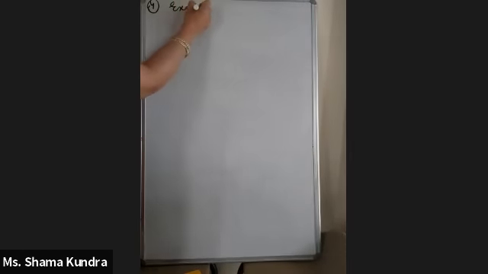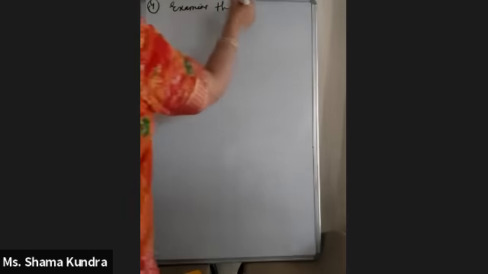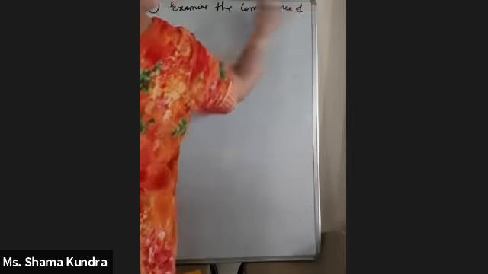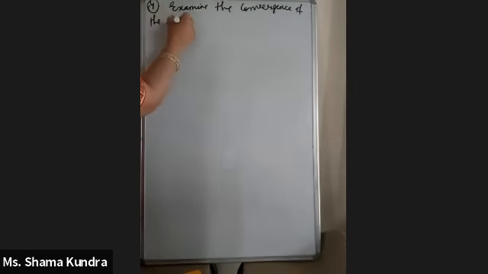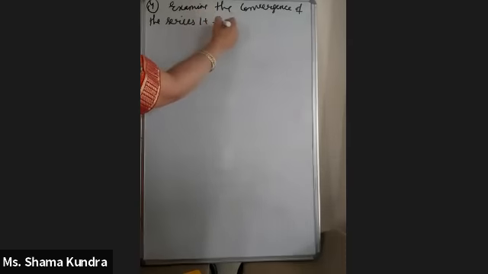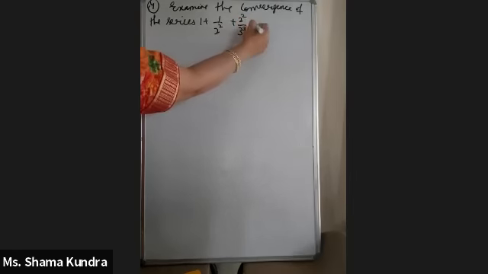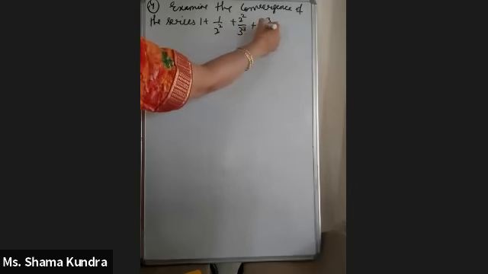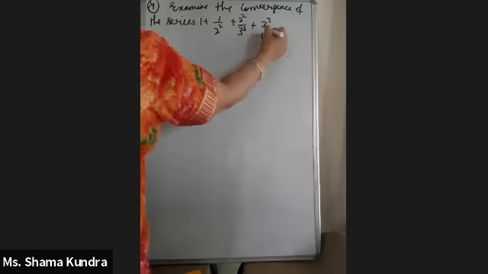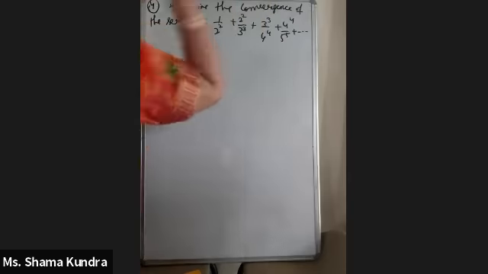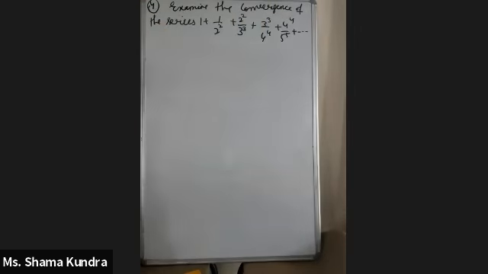Examine the convergence of the series 1 plus 1 by 2 square plus 2 square by 3 cube plus 3 cube by 4 raised to power 4 plus 4 raised to power 4 by 5 raised to power 5 plus so on till infinity.